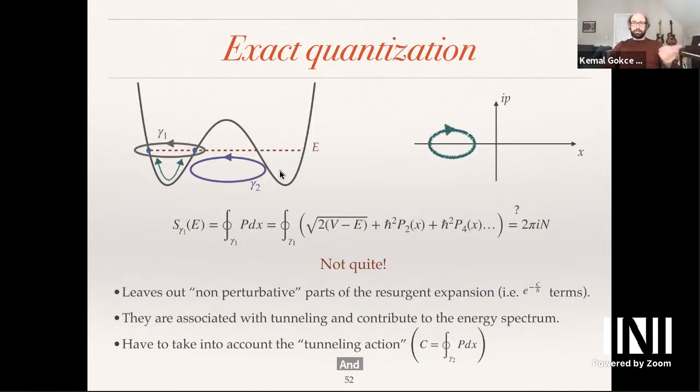Even physically, I know that I need to take into account tunneling, which means that somehow this other action has to show up in my exact quantization formula. Well, actually, this is not quite correct. This C has to be 1/2 of this one, and I'll show why that 1/2 is important.